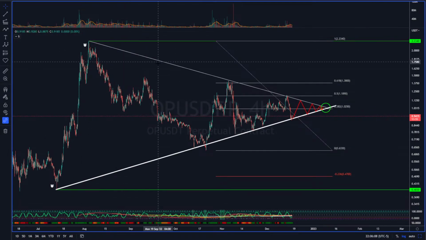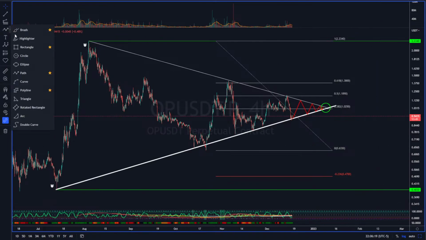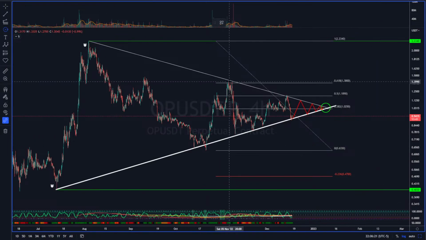So we've got 1, 2, 3 waves here, 1, 2, 3 waves here, and so looking at this, it looks really great. And mix that with the fact that we had a rejection of the 618, which again are some of the best trades that I like to take, that I like to analyze. This seems like a perfect trade for me to keep an eye on, because there's going to be something happening and it's going to be a wild move when it does hit.